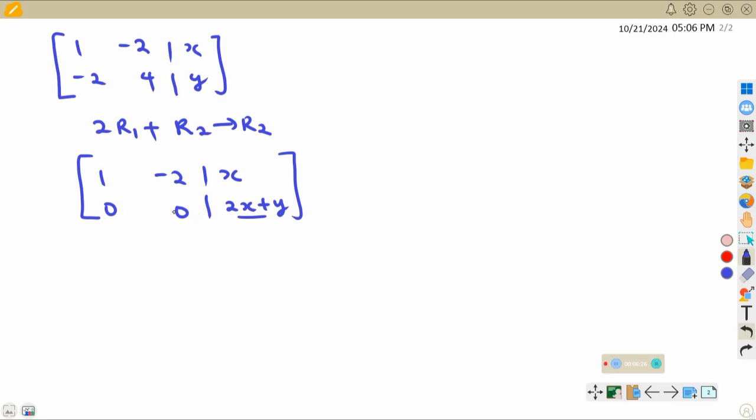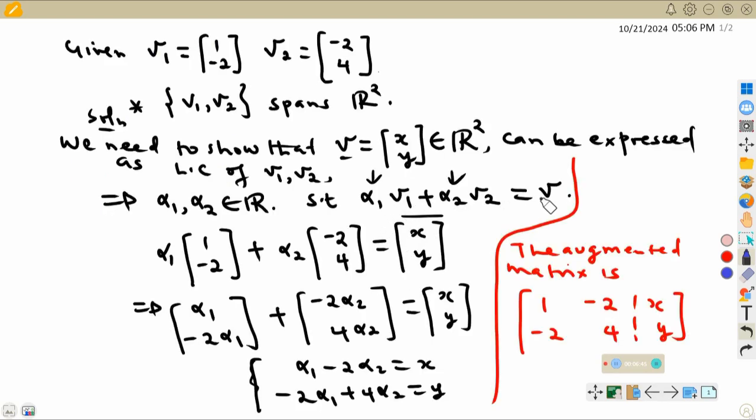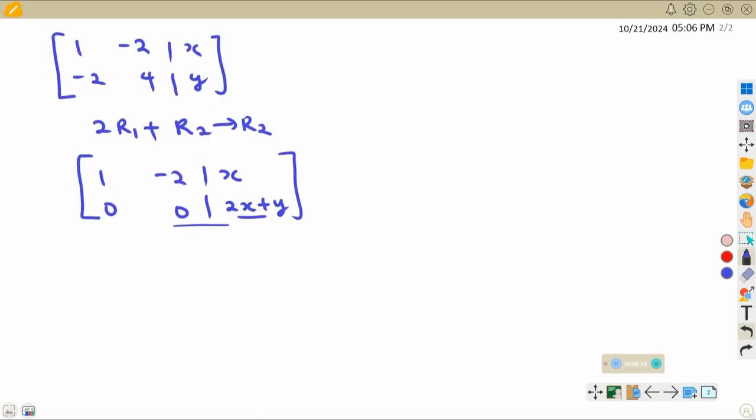So what does that imply? That this system has no solution. So we cannot get the values of alpha 1 and alpha 2 such that we can express this v in terms of v1 and v2. So if the system has no solution, we can therefore say this system is inconsistent.